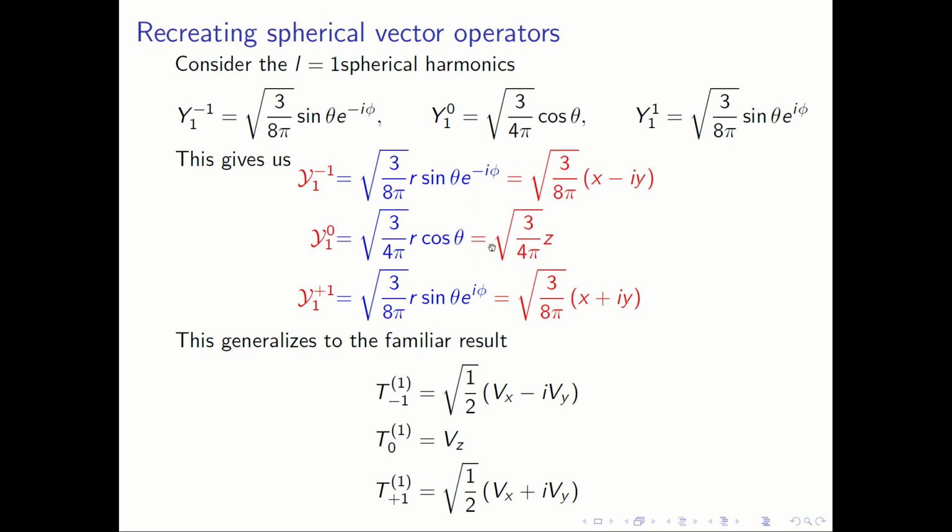If you drop this common factor of root 3 by 4 pi from all three of them and replace x, y, z by three components of any vector operator Vx, Vy and Vz, you immediately get these three, which you should realize is nothing but the standard connection between Cartesian components of a vector operator Vx, Vy, Vz and the spherical vector counterparts. So this spherical harmonic trick just reproduces that connection.